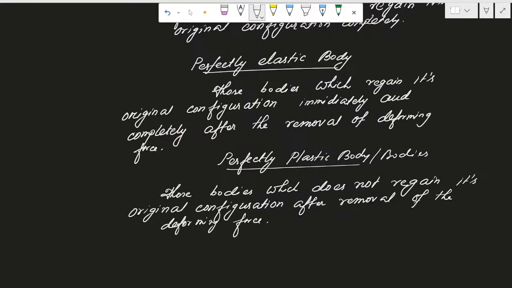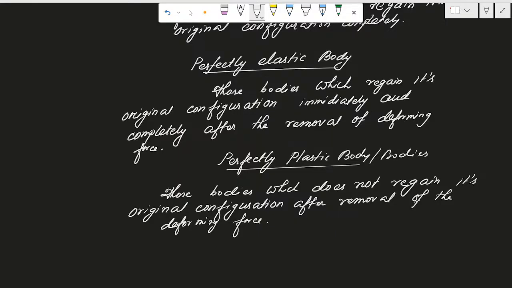Whatever we see normally, we are applying very little deforming force to stretch that band. If you apply that much force to a steel rod, it might show no deformation.